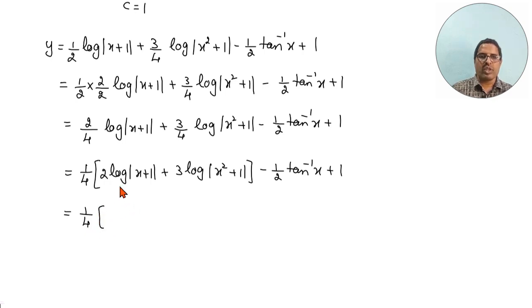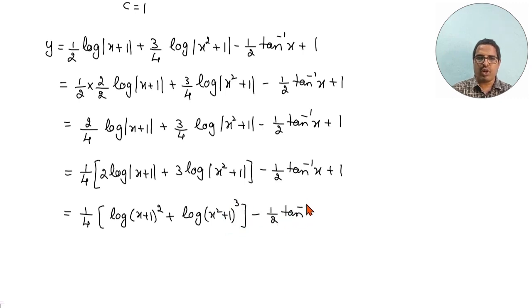You can write this as log of mod of x plus 1, if I take that, it becomes power, x plus 1 whole square. Because it will be a positive term, I am removing this mod. Plus we have log of again x square plus 1, raised to the power of 3. And this also becomes a positive value. Minus half times tan inverse of x plus 1.